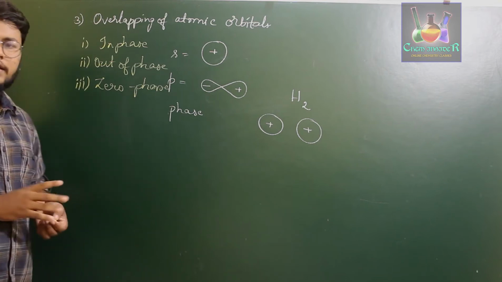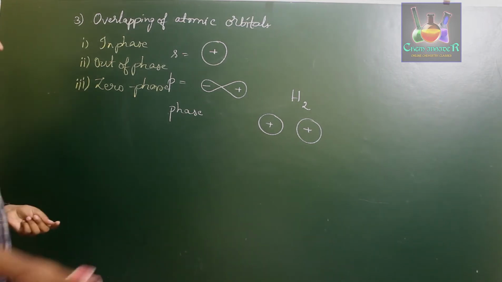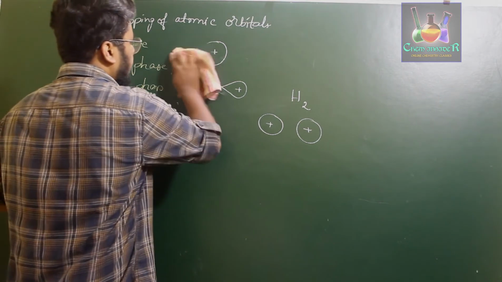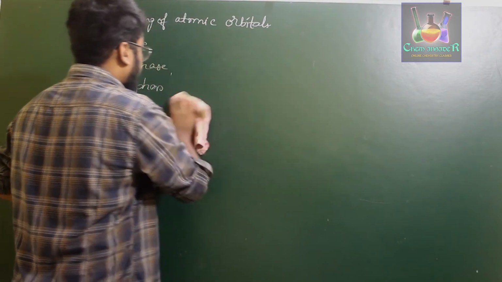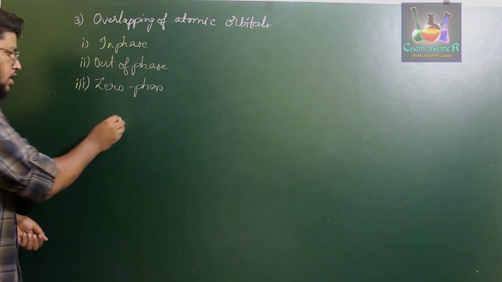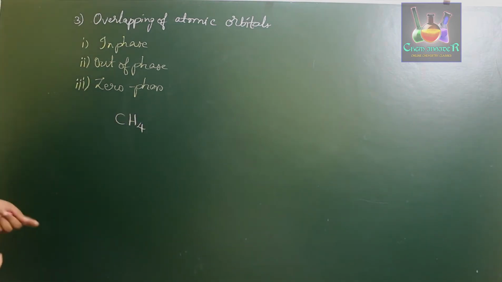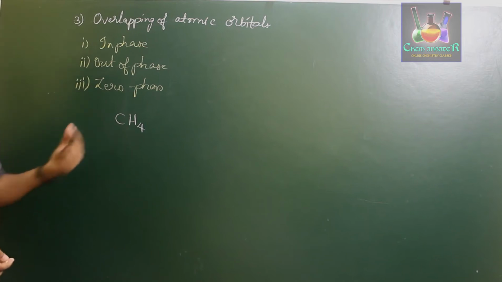Now let us consider certain examples of s and p orbital overlapping, which involve in phase, out of phase, and zero phase overlapping. Consider the CH4 molecule itself. First we need to write down the electronic configuration of carbon.